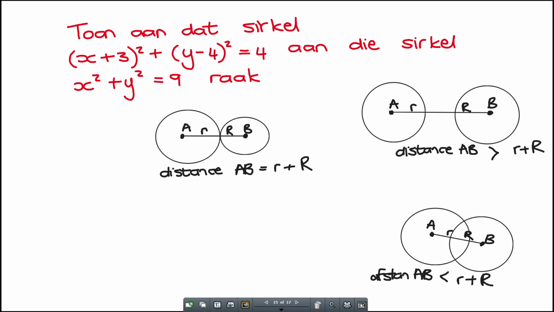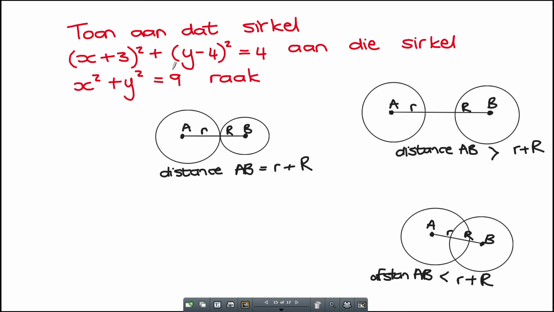Nou by die vraag vra ek vir jou. Kyk vir my of daai twee sirkels mekaar raak. So we're going to work with this scenario on the left. Nee? So I'm going to work out the radius of each. I'm going to add them and see, would that be the same as the distance between the two midpoints? Nee? Okay, so kom ons kyk gou-gou.